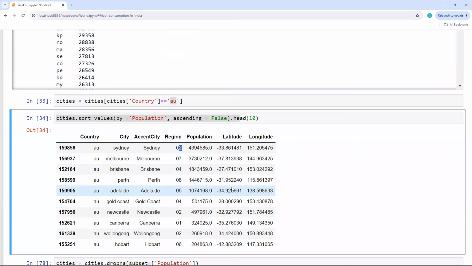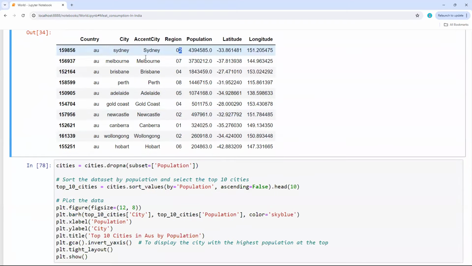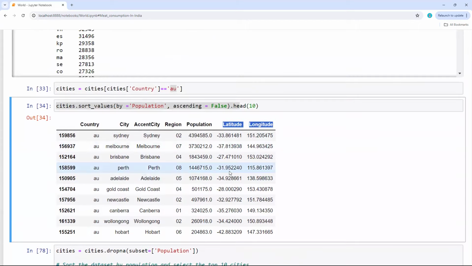And for Brisbane, it is 1.8 million. Then Perth, Adelaide, Gold Coast, Newcastle, Canberra, Hobart. So that is how all the cities from Australia look, and you can see the city-wise population, and these are the coordinates for each city. So this is how you can look at the individual city-wise population.